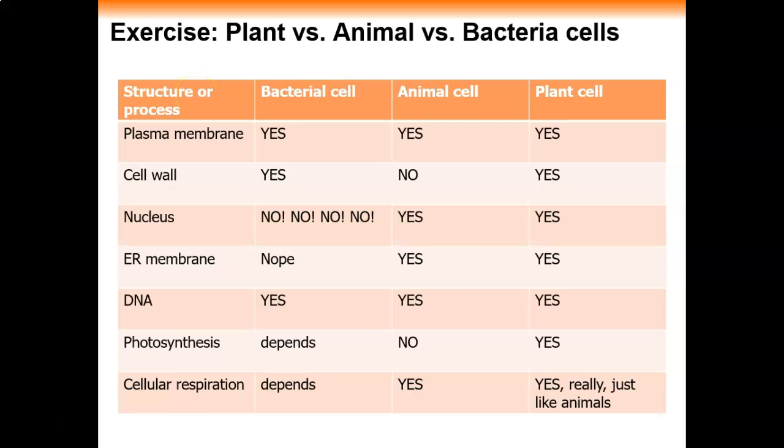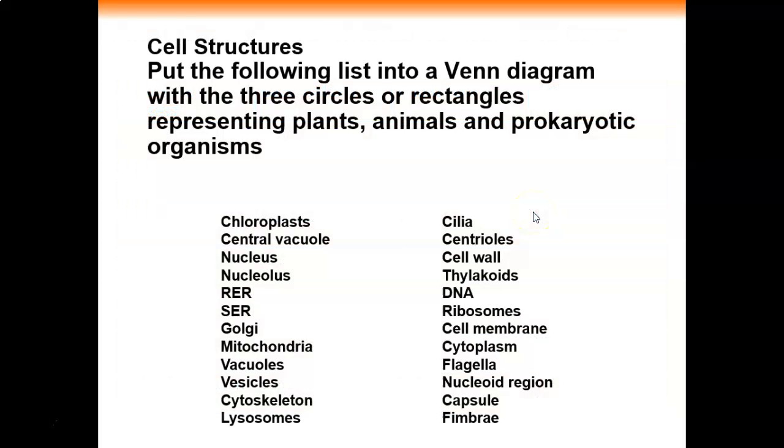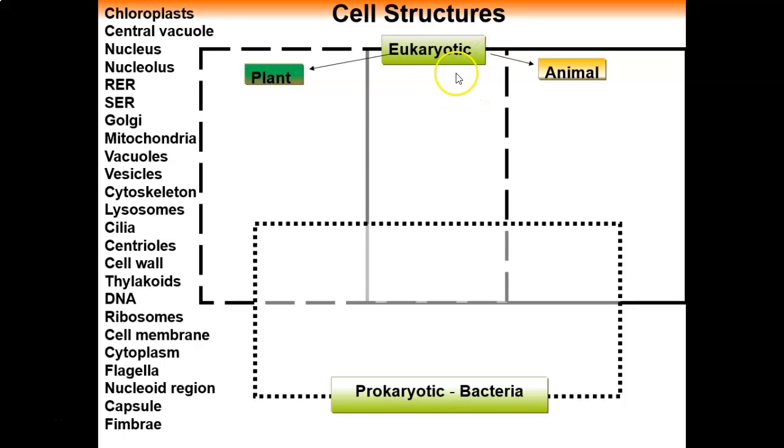Okay, so again, what do you need to know about this chapter? You need to know, even more than listed here, the structures and their functions, and then what types of cells they are in. Can you put all of these different structures and organelles into a Venn diagram where you have all eukaryotic cells here, a circle for plants here, a rectangle for animals here, and a rectangle for prokaryotes here?